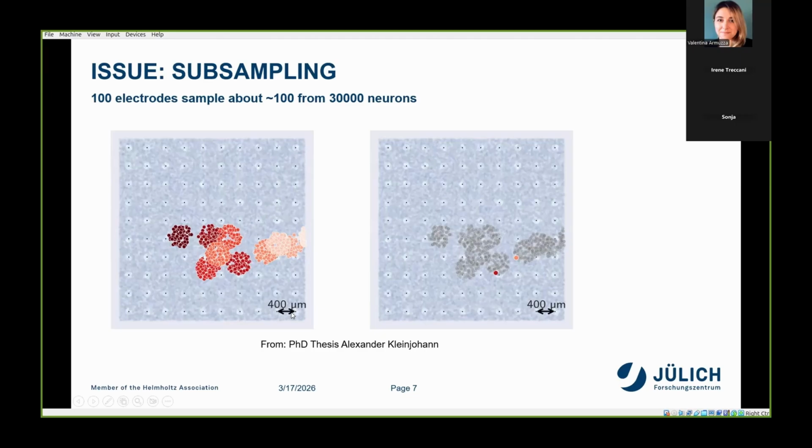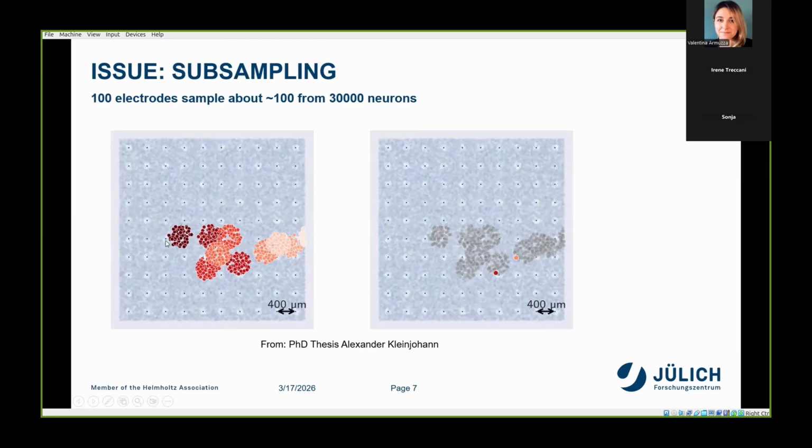They have a distance of 400 micrometers, such that you cannot record a neuron which is close to one electrode also on the other. There are other electrodes, as you might know. However, let's assume this. So you have 10 by 10 electrodes.